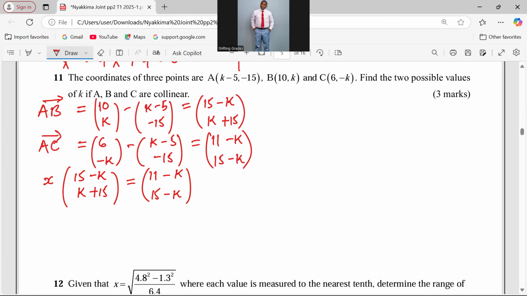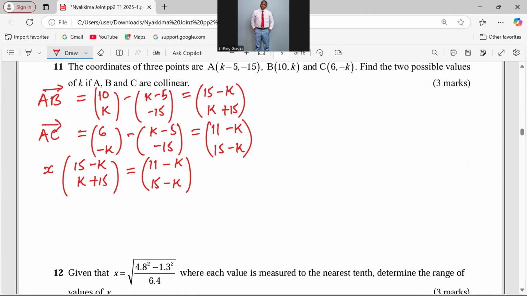Therefore, we are now supposed to get two equations here. From the x component, 15 minus k multiplied by x is supposed to give us 11 minus k.